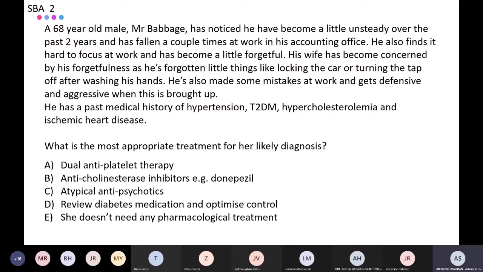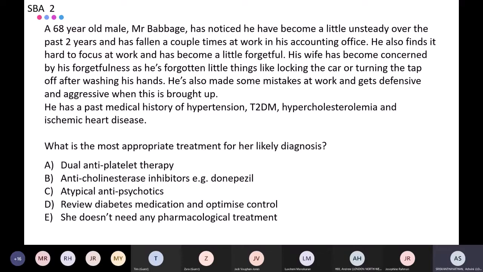Okay, so you've got our next SBA here, so I'll open up the polls and read the question. You've got a 68-year-old man, Mr. Babbage, who's noticed he's become a little unsteady over the past 2 years and has fallen a couple of times at work in his accounting office. He also finds it hard to focus at work and has become a little forgetful.